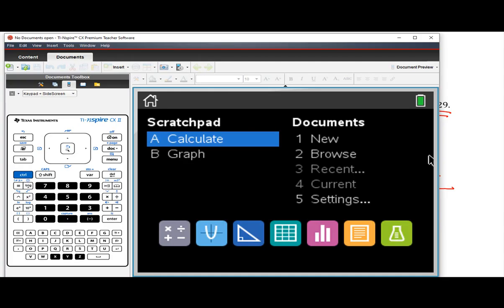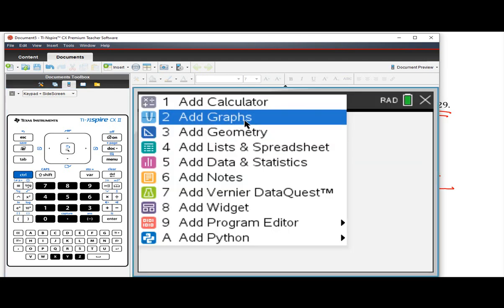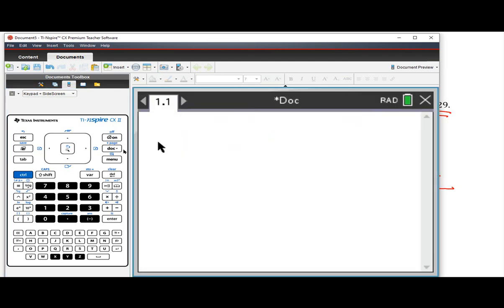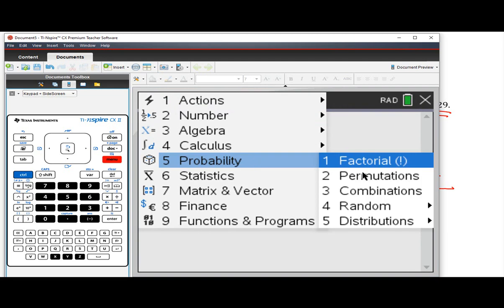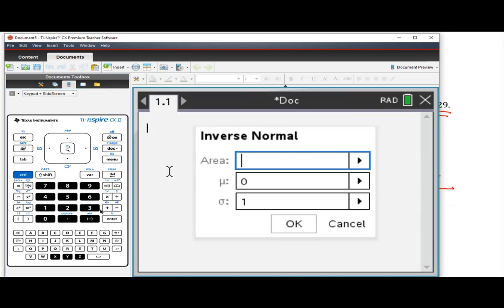So let's go to the calculator, and we'll go to inverse normal, because we know the area, which is the 86th percentile, 0.86. Now, when you know both the mean and the standard deviation, you can input them. Only when you know both of them. If you don't know one of these, leave it 0 and 1.